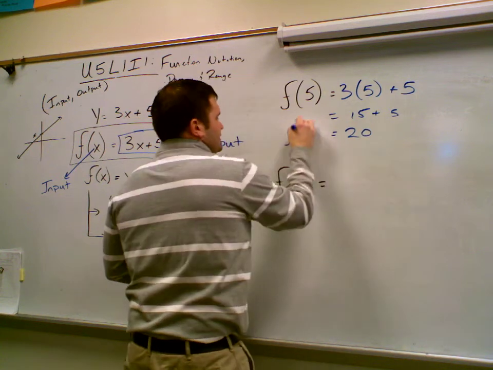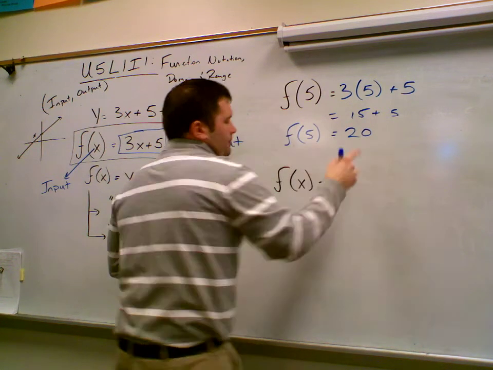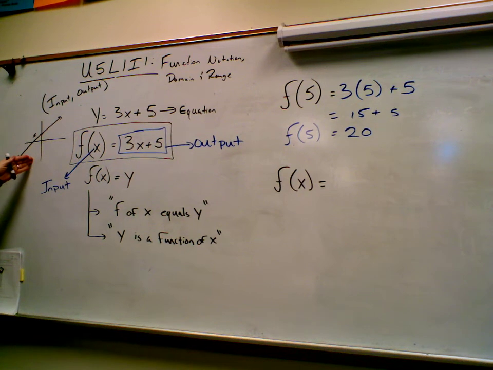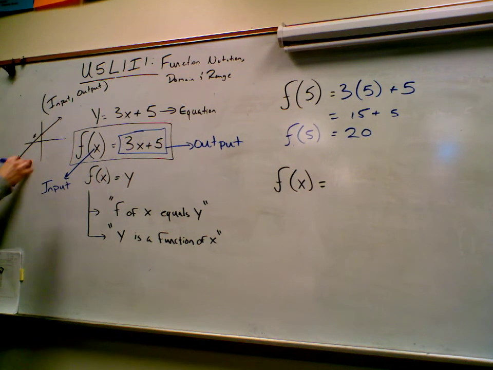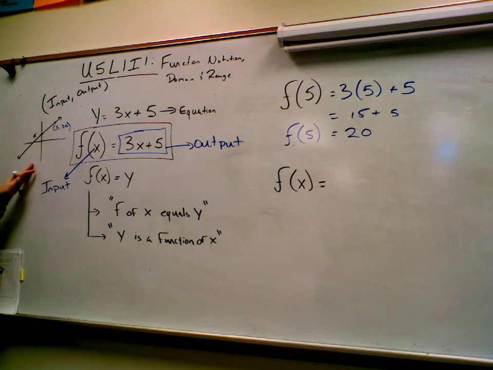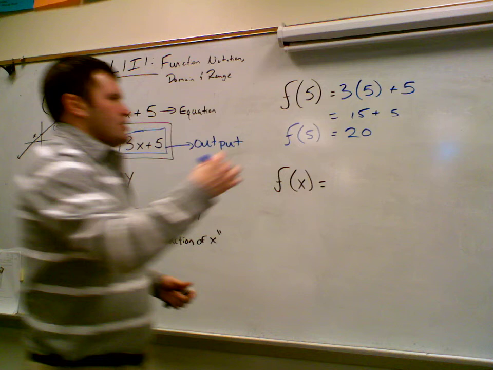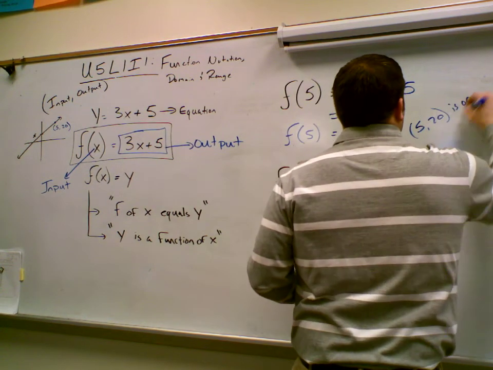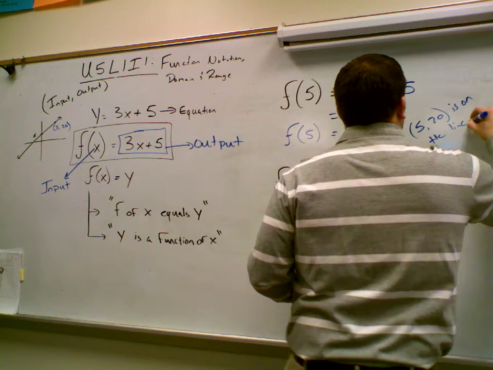So what this means is that when 5 is my input, my output is 20. What that means is this line over here that we graphed, just kind of a quick graph, means that the point 5, 20 is on that line. Input, comma, output, right? So you want to write that little note to yourself. 5, comma, 20 is on the line. You're probably saying, what line?